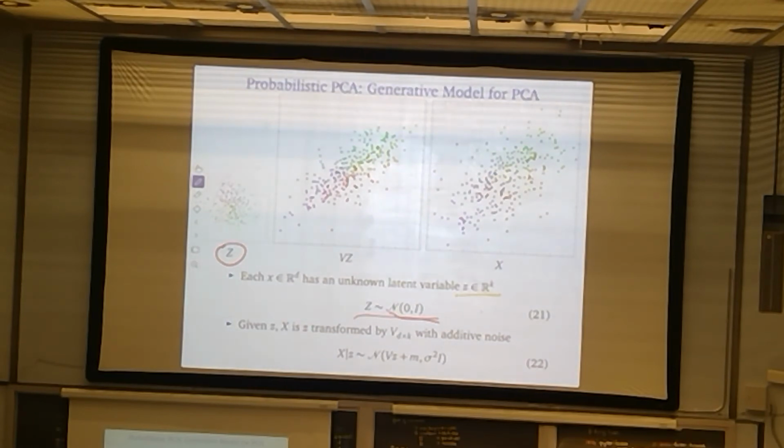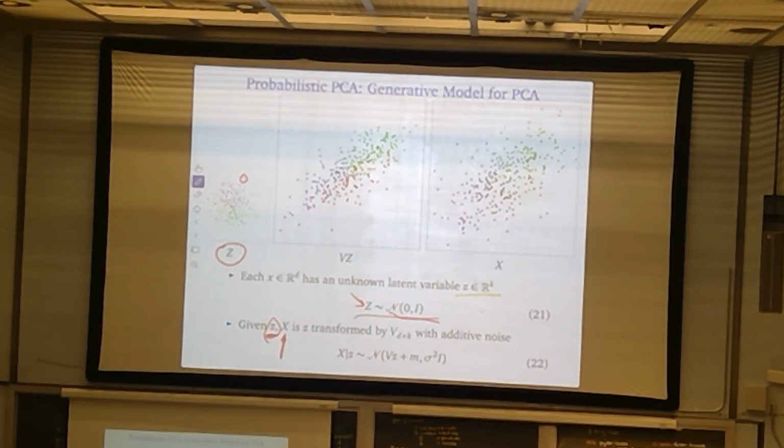And given any point, you pick any point, given z, again, this follows the notation convention. If it's a random variable, we use uppercase. For its particular value realization, we use lowercase. So don't get confused.